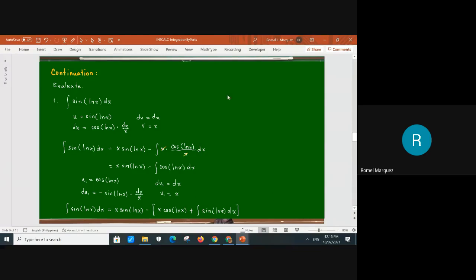So here, now, notice that if I'm going to remove brackets here, I'll get something like this.